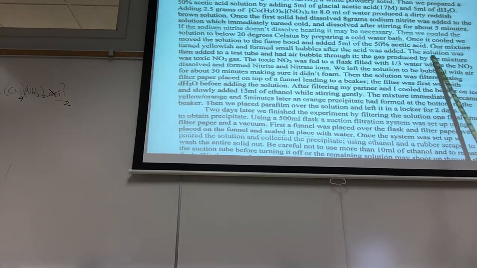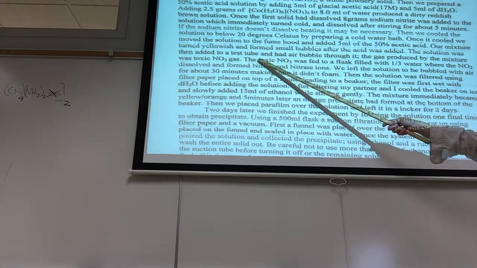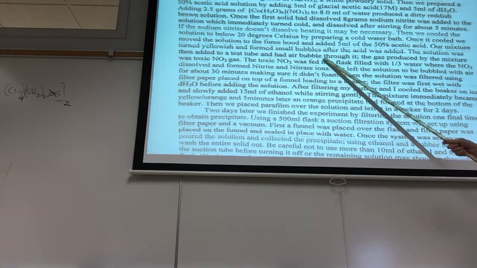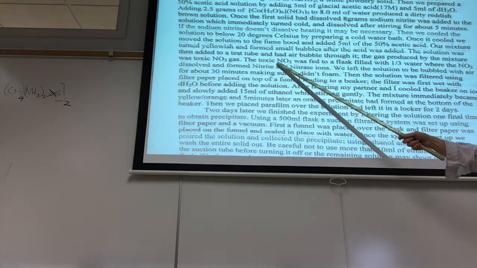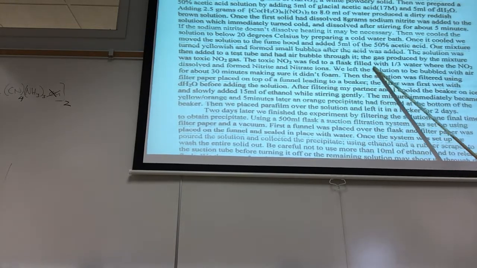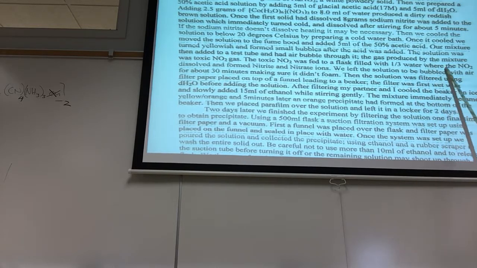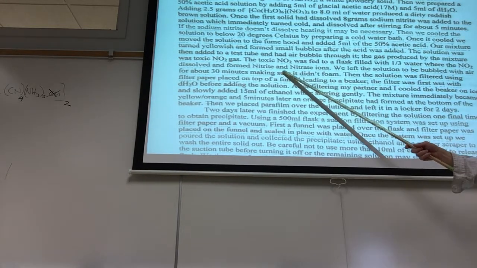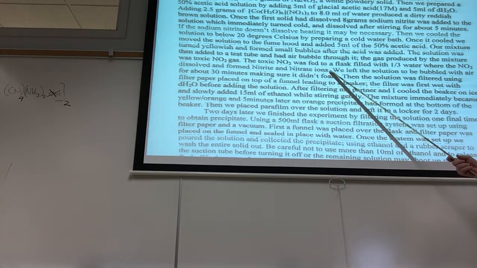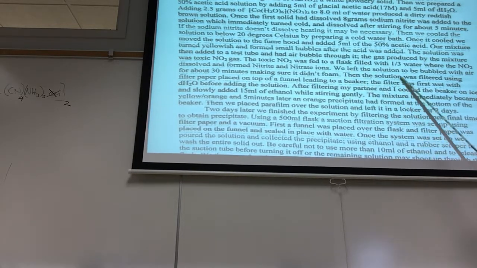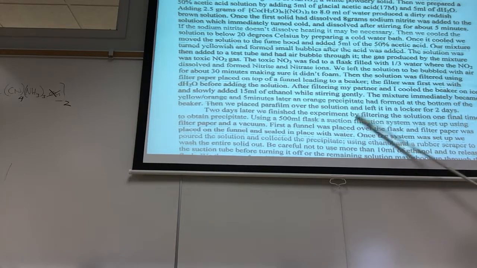The solution was then added to a test tube and had air bubbled through it. The gas produced by the mixture was toxic NO2 gas. The toxic NO2 was fed to a flask filled with 1/3 water, where the NO2 dissolved and formed nitrite and nitrate ions. That's much more descriptive of what's going on. We left the solution to be bubbled with air, etc.